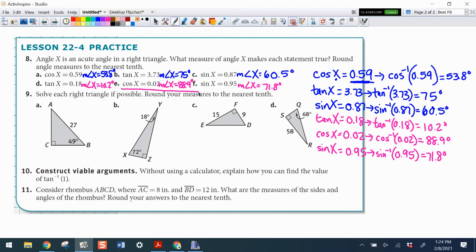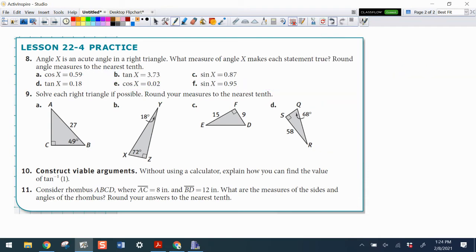So this said that the cosine of x is 0.02, and the measure of that angle is 88.9. So just to put it in a little context, we have a right triangle. We know it's a right triangle because we're dealing with right triangles. And it's interesting that I'm drawing it this way, because we're saying that in reference to angle x, the adjacent side when compared to the length of the hypotenuse is actually really, really small.